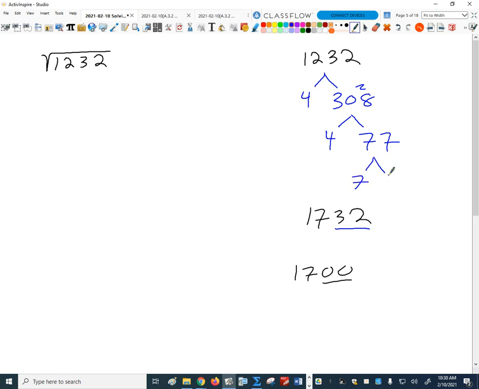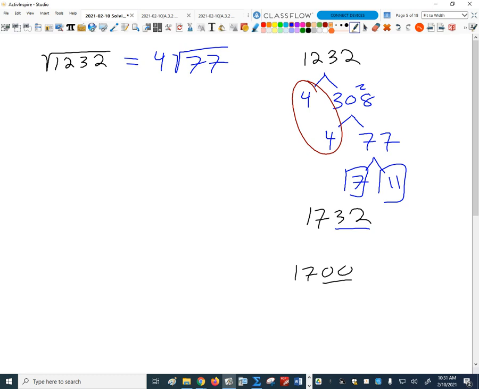Well, I know that's just 7 and 11, right? So look what I end up getting here. I end up getting a couple of 4s and a single 7 and a single 11, right? So I know this is going to simplify to 4 times the square root, because I got a couple of 4s, times the square root of 77.